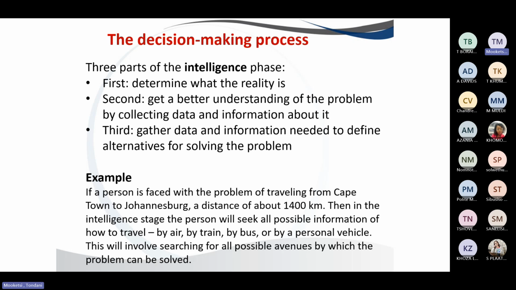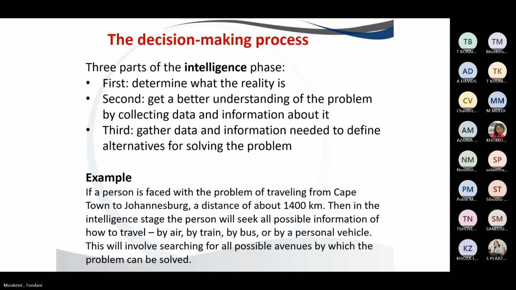So you can't afford to travel by train because that will delay you. Or you can choose to use your own car and drive the 1,400 kilometers. That is another option. But each of these options has got its pros and cons.